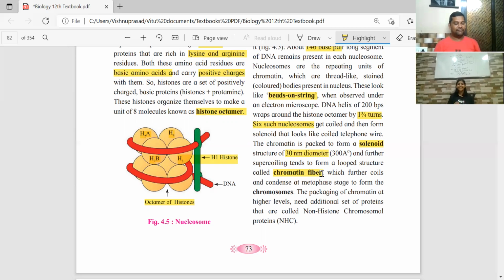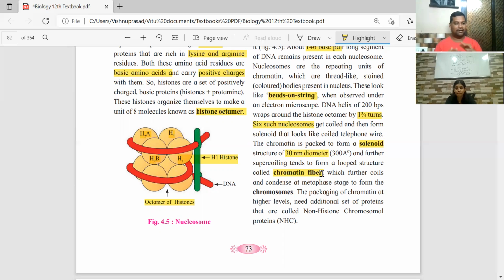Now I got it. In a eukaryote, there is a nucleosome, which is one bead, many nucleosomes forming bead and string. 6 of them together is one solenoid.